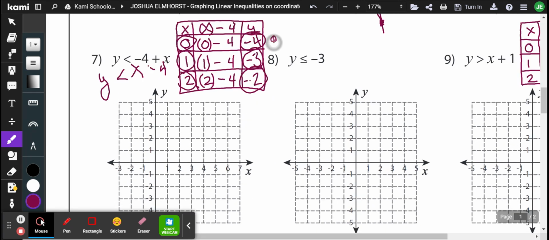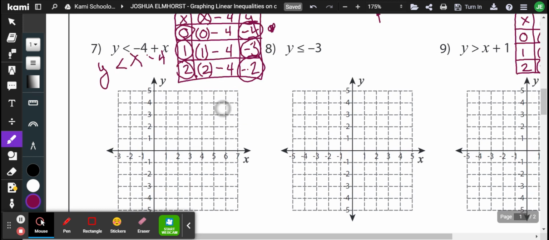So we started at our first coordinate, 0, -4, and then we have 1, -3, over 1, down 3, and then we have 2, -2. Go over 2, down 2.